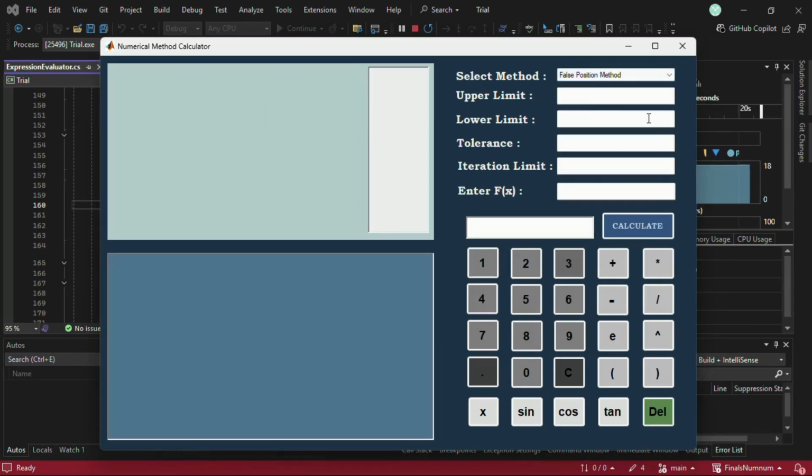So let's move on to false position. Say the upper limit is 1, the lower is 0.5, tolerance is 0.003, and use another equation, which is 3 times x plus sin x plus e.